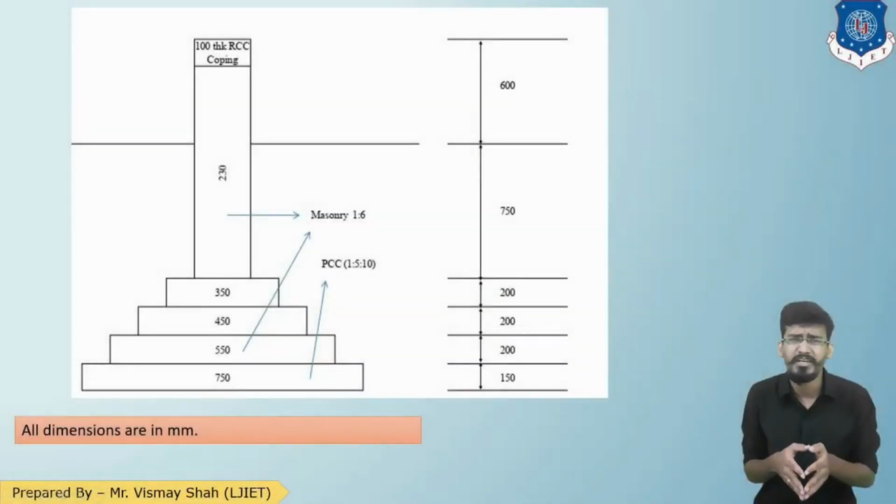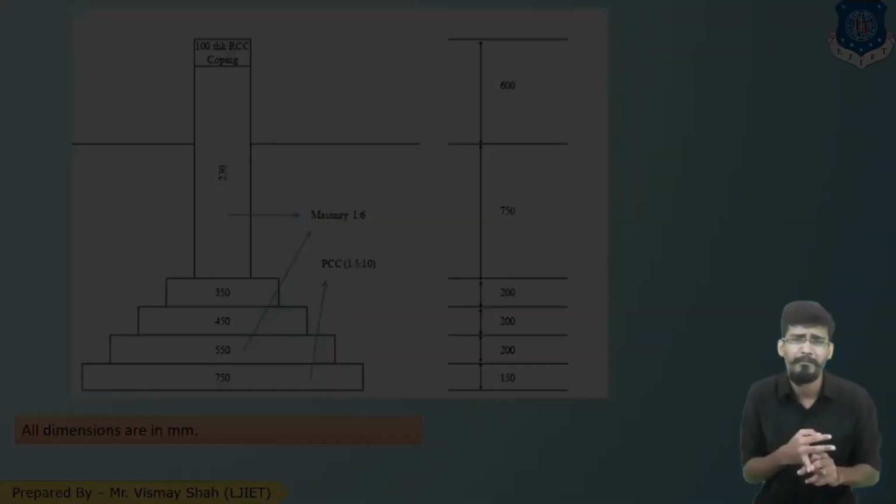As you can see in the section drawing, we have calculated the excavation and filled up the PCC. Now above that there is a step footing, so we need to calculate the brick masonry for that step footing. The first step just above the PCC is of 550 mm, above that 450, above that 350, and then the last step of 230 mm.